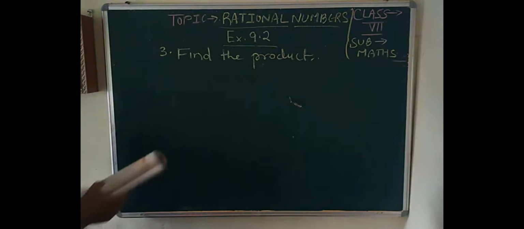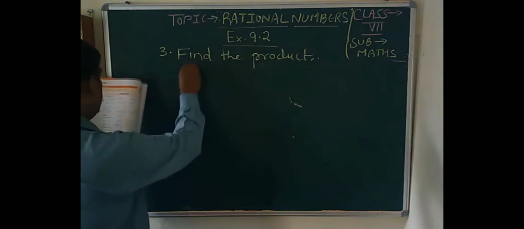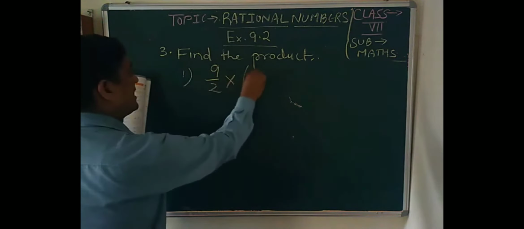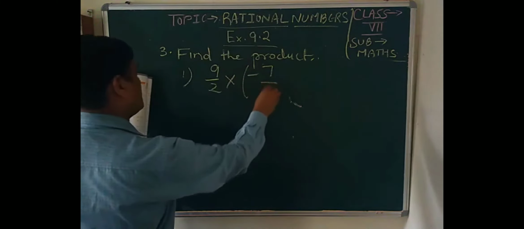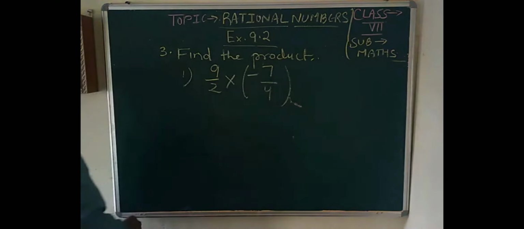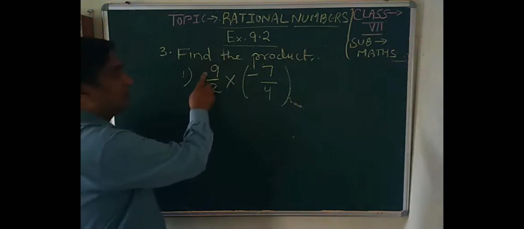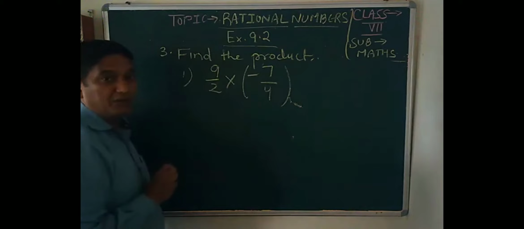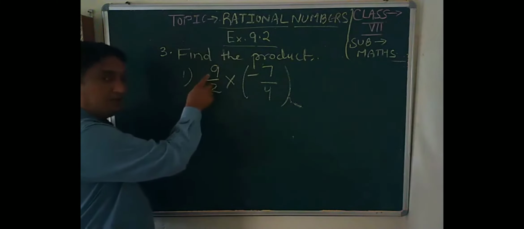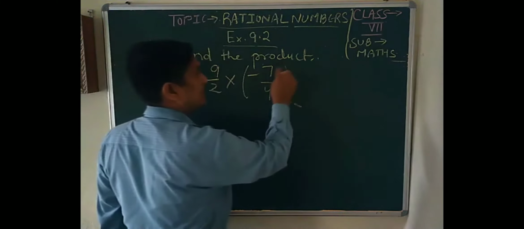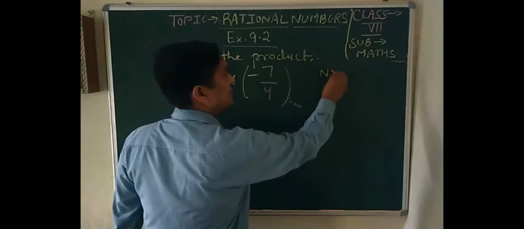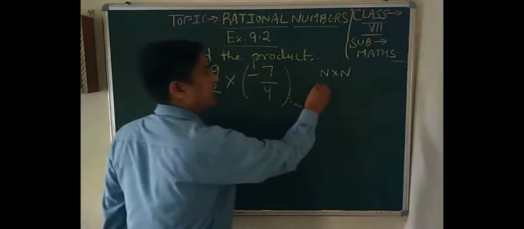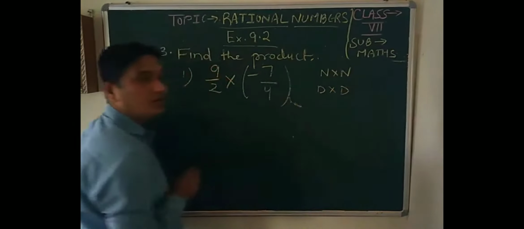Now children, look, question number 3, part 1 is 9 upon 2 multiplied by minus 7 upon 4. Now children, if we want to multiply rational numbers, you have to keep it in your mind: numerator is always multiplied by numerator and denominator is multiplied by denominator only.